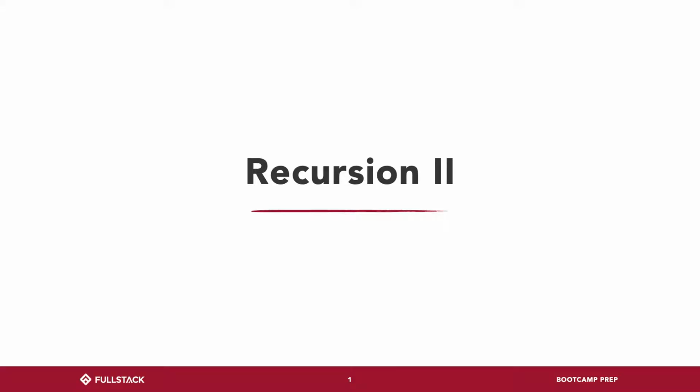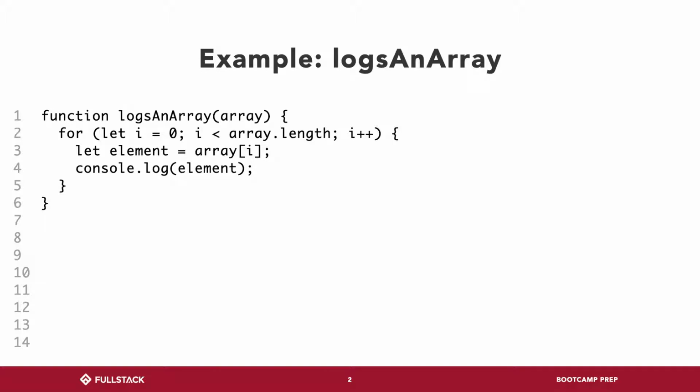Okay, recursion 2. We're just going to talk about nested arrays and nested objects and recursion, okay? So let's look at this example real fast. We have a function that logs an array, right? Now logs an array takes an array, and all it does is it does a for loop.